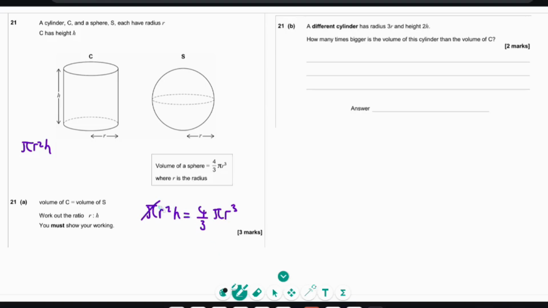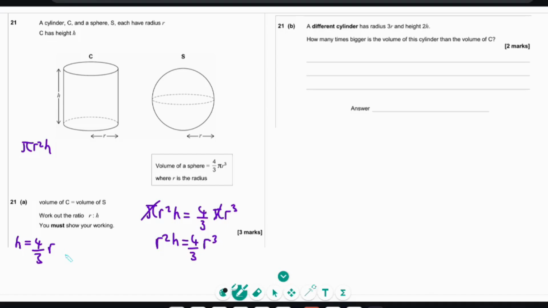So if I divide both sides by pi, I now know that r squared h is equal to 4 over 3 r cubed. I'm going to divide both sides by r squared, which gives me h is equal to 4 over 3r, because r cubed divided by r squared is r.